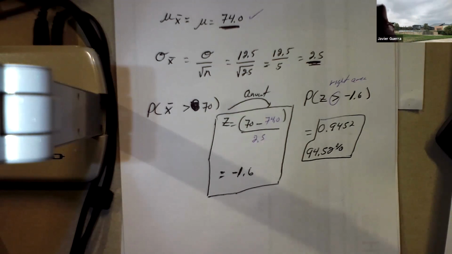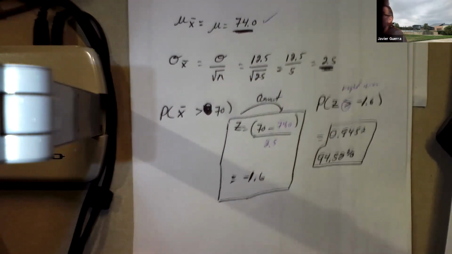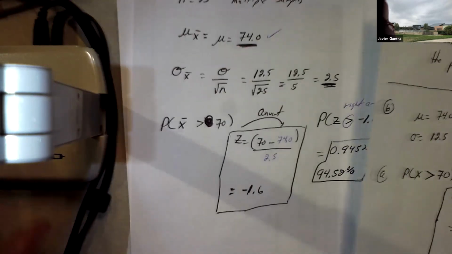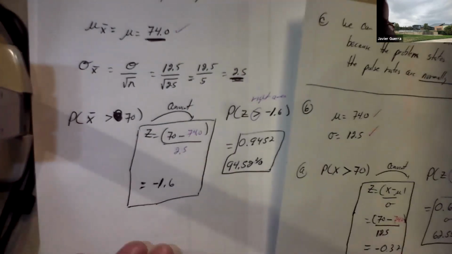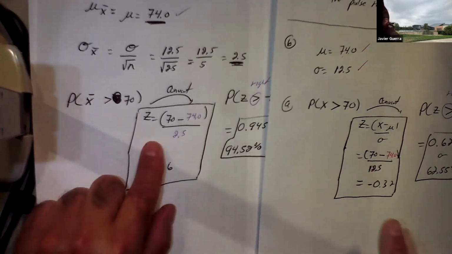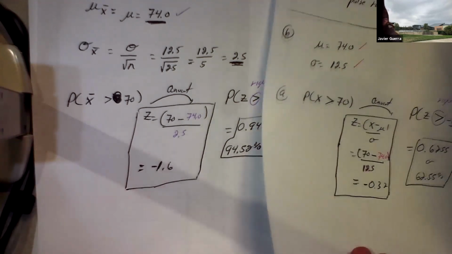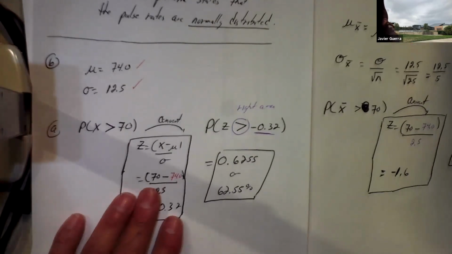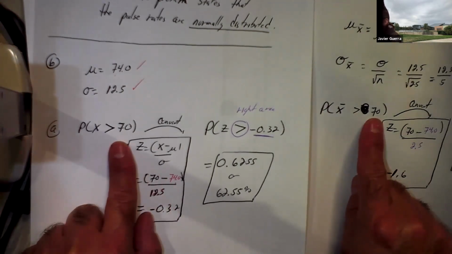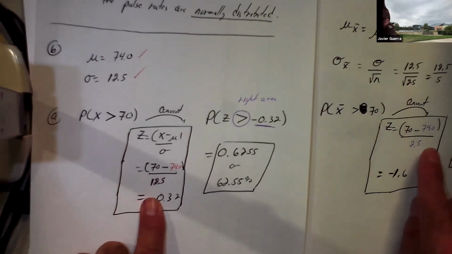All right, so there's part B. Now I want you guys to look at the setup. Look at what we did from part A. I guess I could put them side by side. Look at the conversions from part A and part B. I see the 70s the same, right? But look at the formulas.